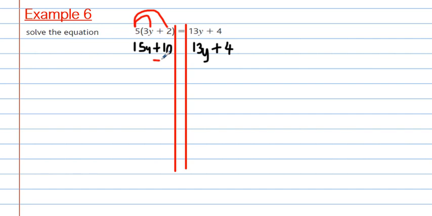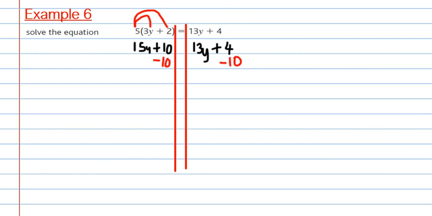So I'll subtract 10 from both sides. But I'm staying with the number, okay? So that it's easier for me to see and tidy up. I want to get rid of the 10, so I've stayed with the number.